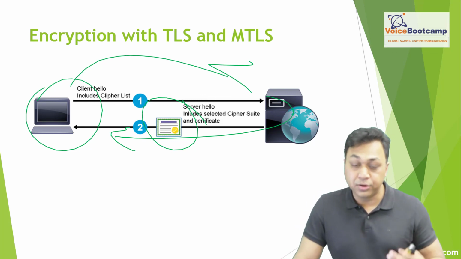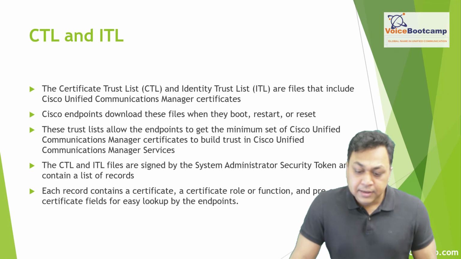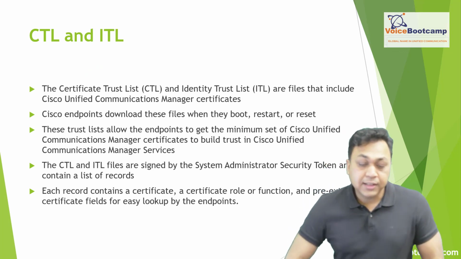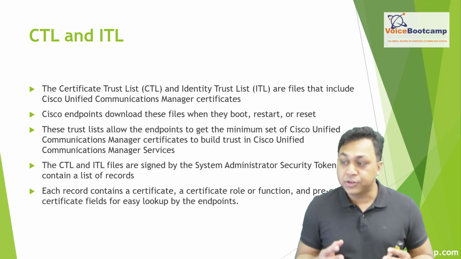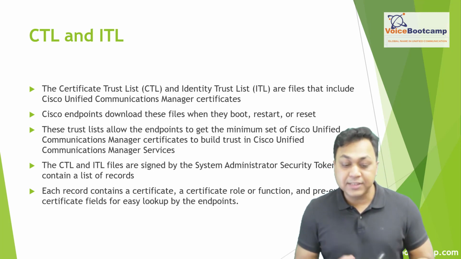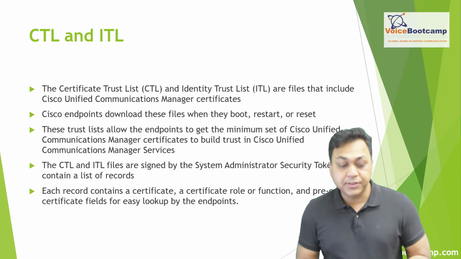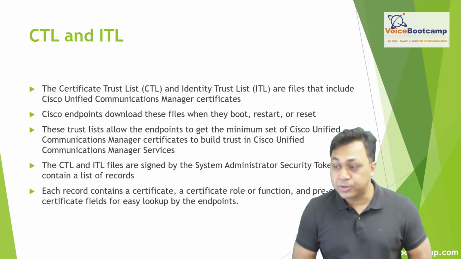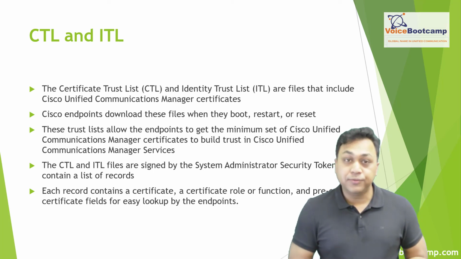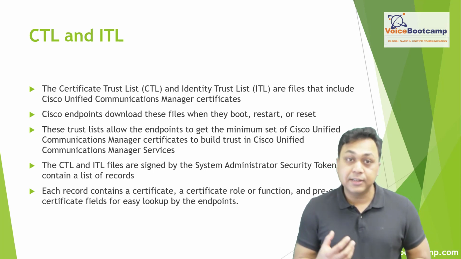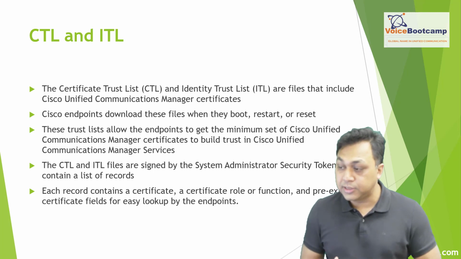Now, CTL and ITL are topics that we're also going to go deep into. The Certificate Trust List and the Identity Trust List are files included in Cisco Unified Communications Manager. The endpoint, the IP phone, will download these files when it boots and restarts, so you need to restart it for it to download them.